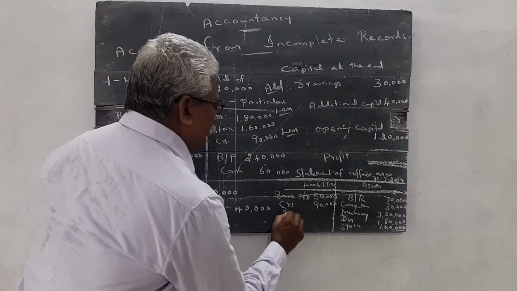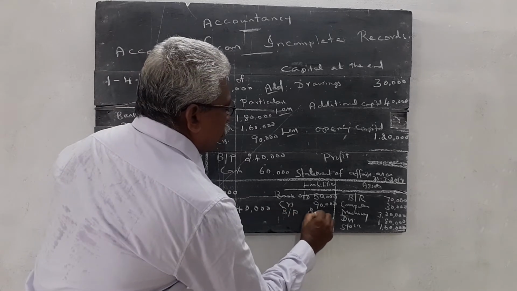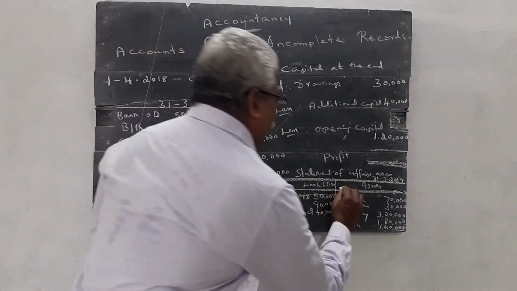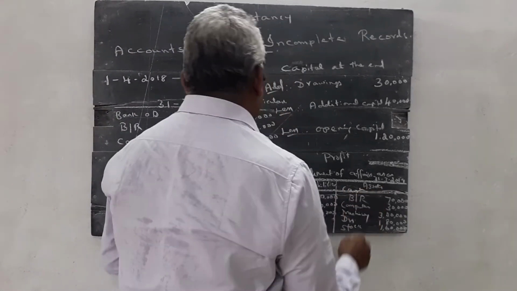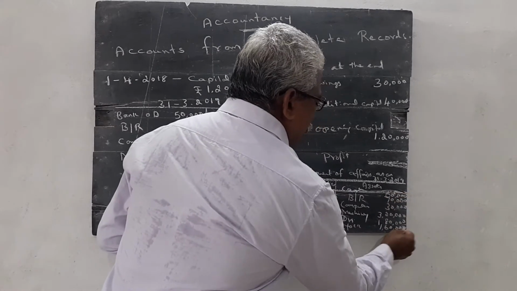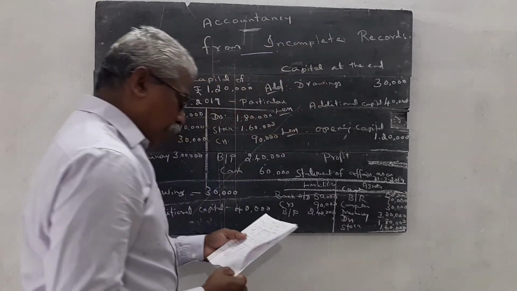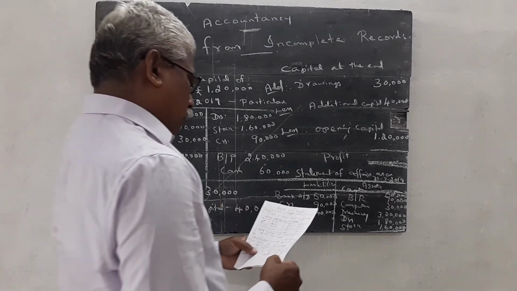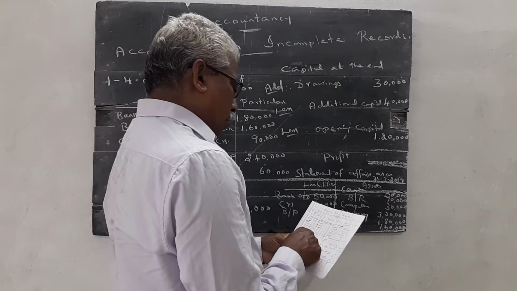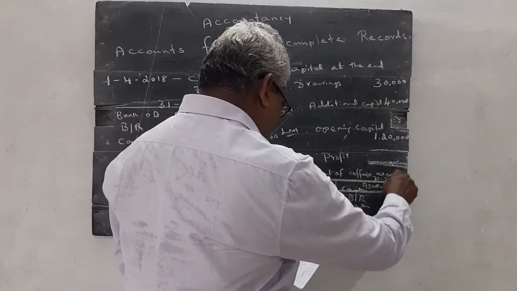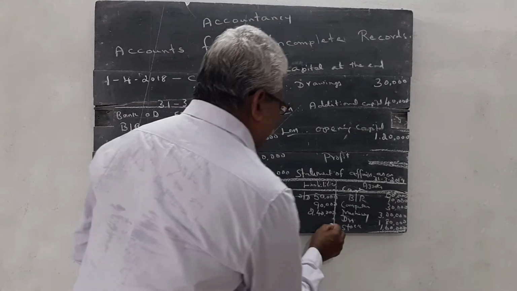Bills payable is also a liability, 2,40,000. Cash is an asset, 60,000. So we simply total it. If we total these items, we will get 8 lakhs.